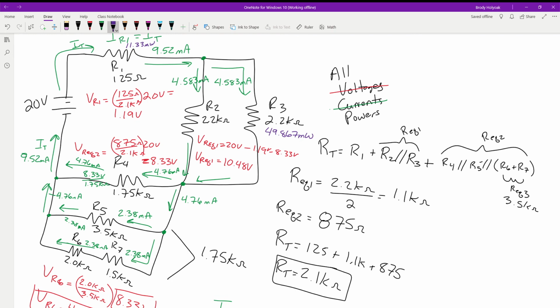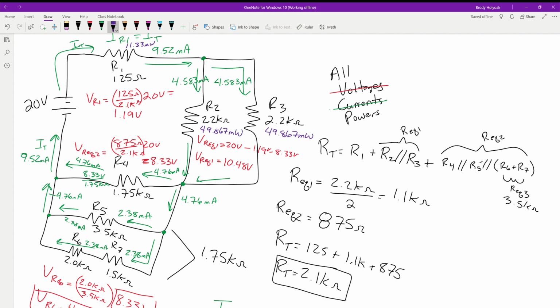Why is this one going to be the same as this guy? Because it has the same current and the same voltage, so they're going to be the same value. Again, it's just voltage times current.